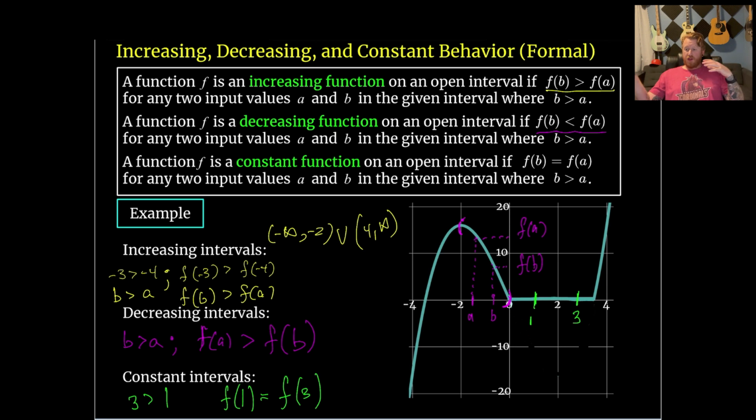So as things are getting bigger, the function values are staying exactly the same. So there we have a constant interval. Maybe nothing too surprising there, but thinking about it using these notations: is the function value going up as the inputs are going up? Is the function value getting smaller as the inputs are moving larger, or are they staying the same?